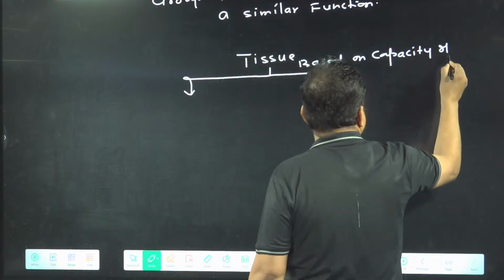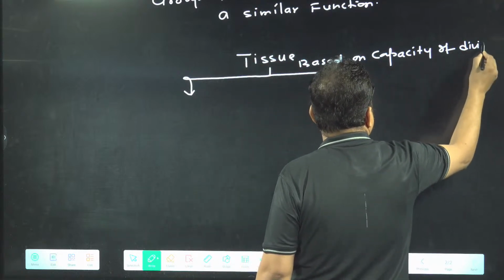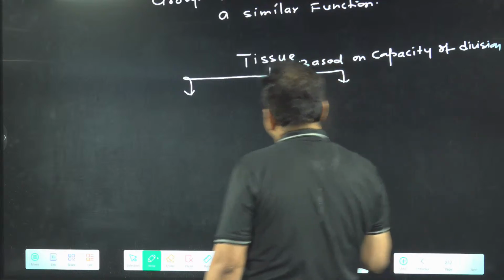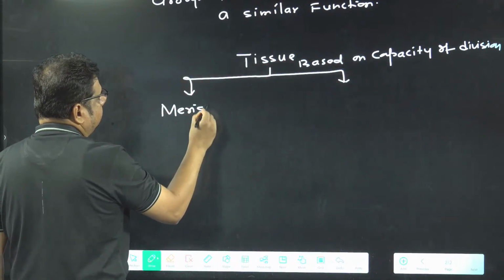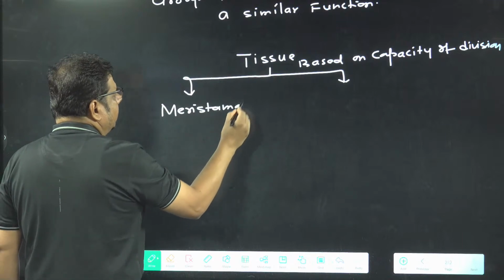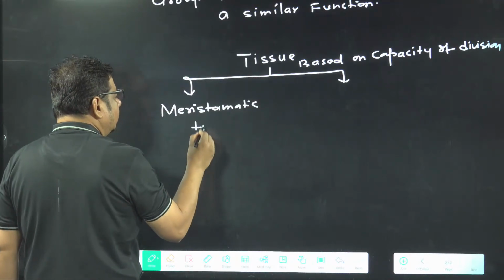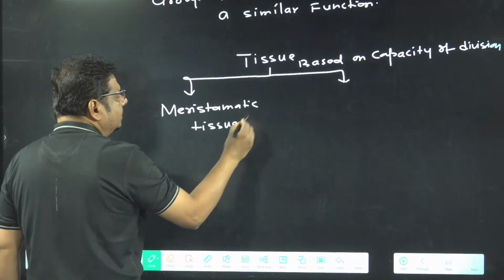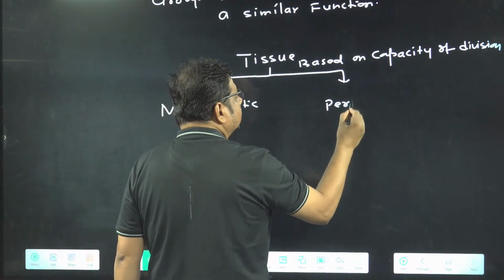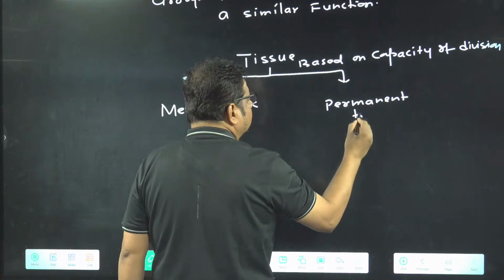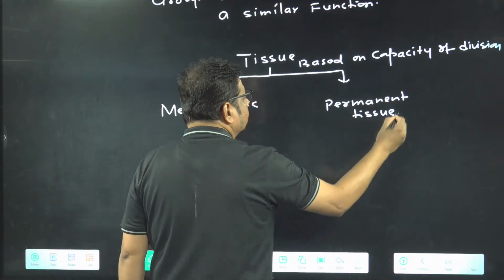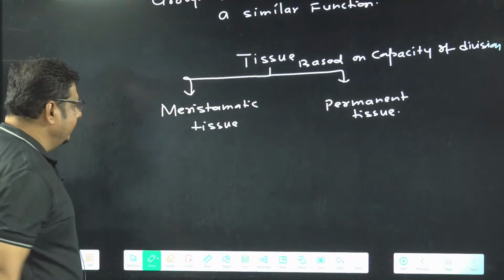One is meristematic tissue, and another one is permanent tissue. Right? Criterion what? Capacity of division.